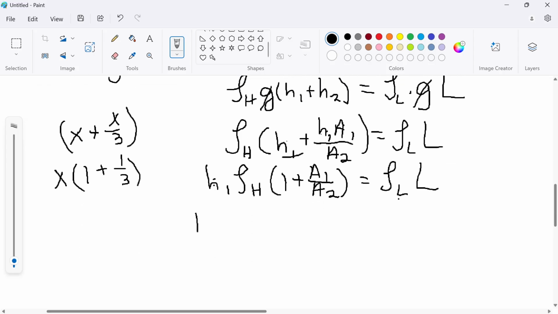So now H1 equals, and I'm going to do something here that I can't do on paper just to make it easy. I'm dividing both sides by all of this stuff.